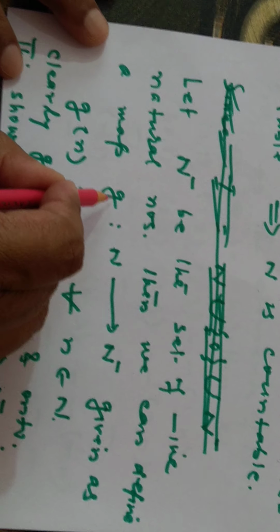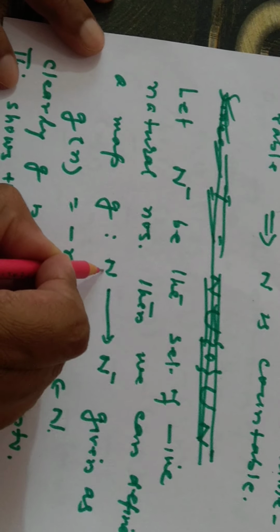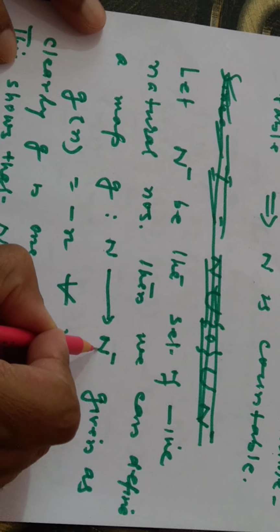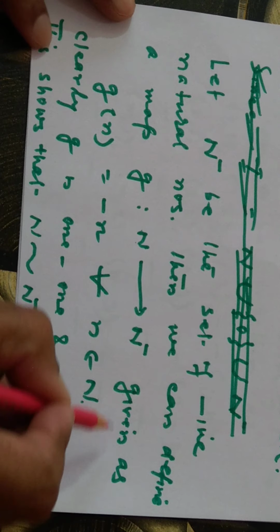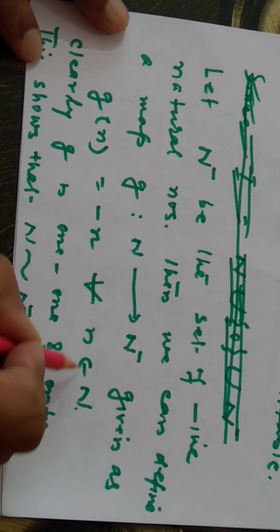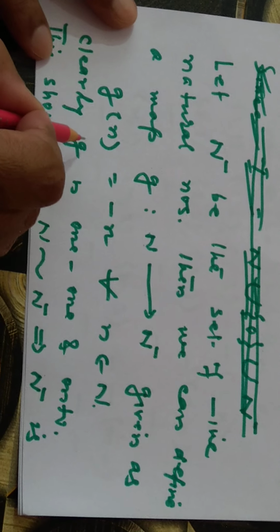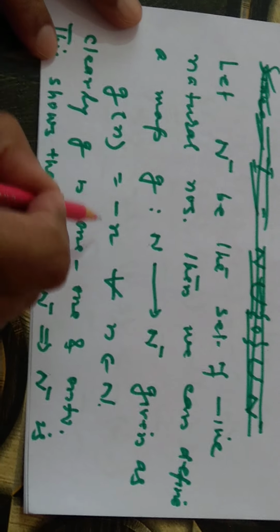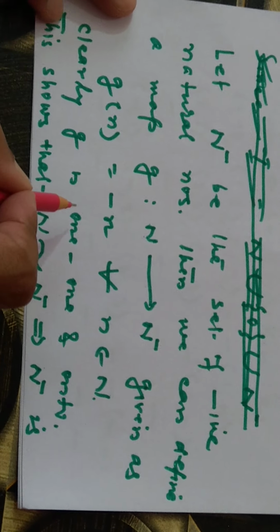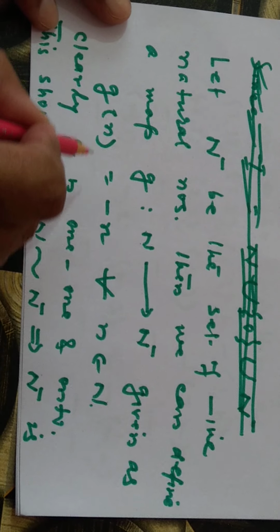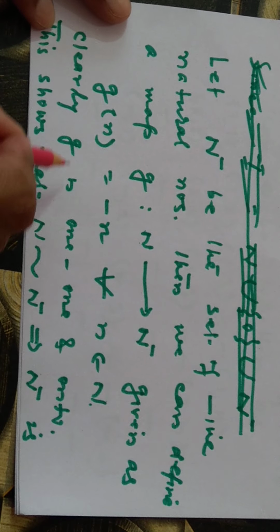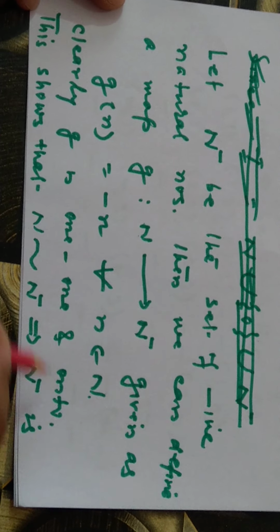That is, we define a mapping G from N, that is the set of natural numbers, to the set of negative natural numbers or negative integers, given as G(n) is equal to minus n for all n belongs to N. Here you can see also that G(1) is minus 1, G(2) is minus 2, G(3) is minus 3. So each natural number corresponds to a negative integer, and so clearly G is 1-1 and onto.